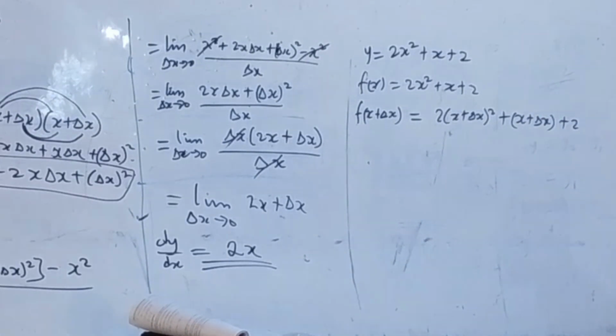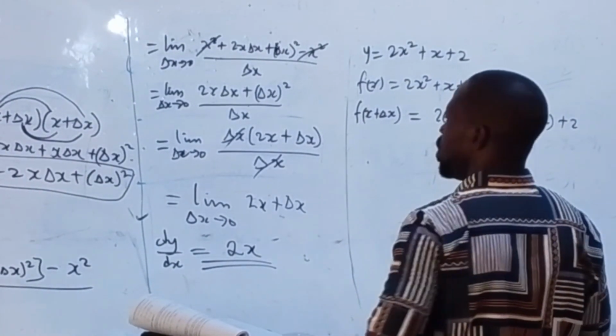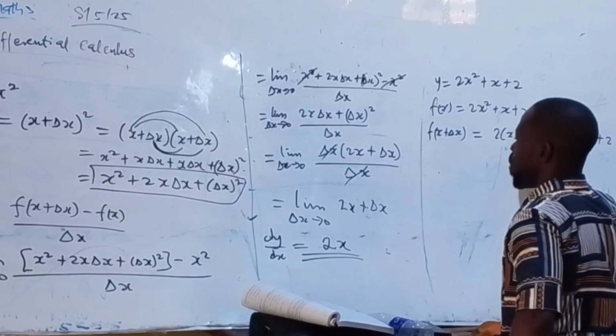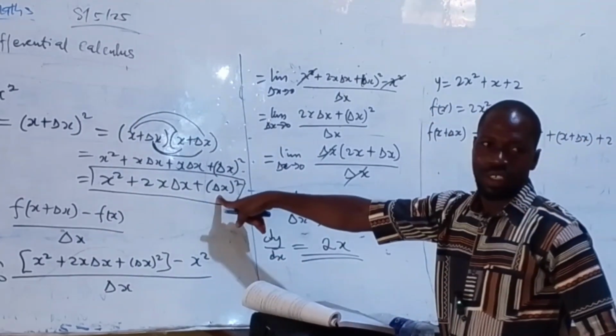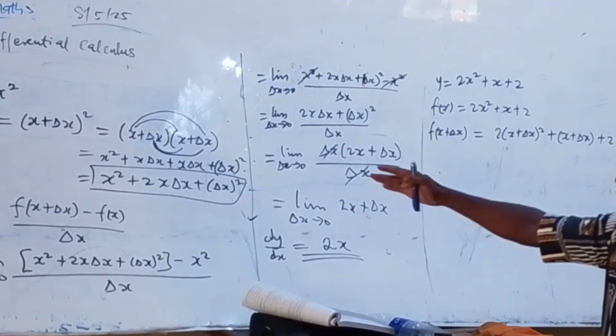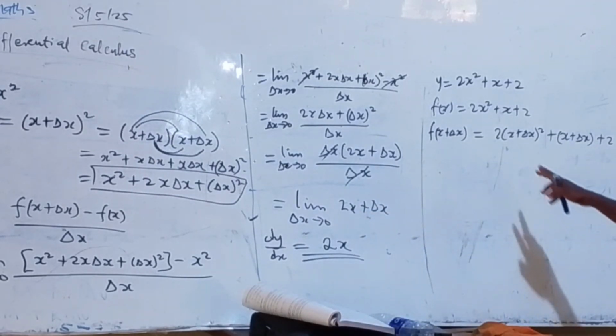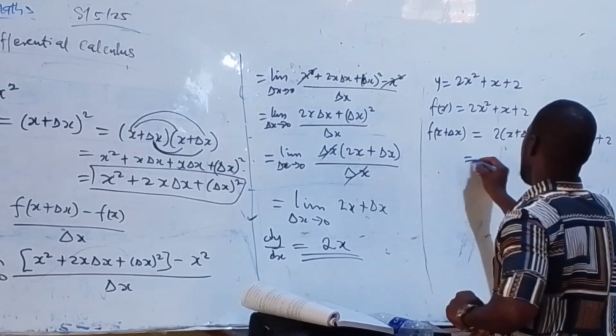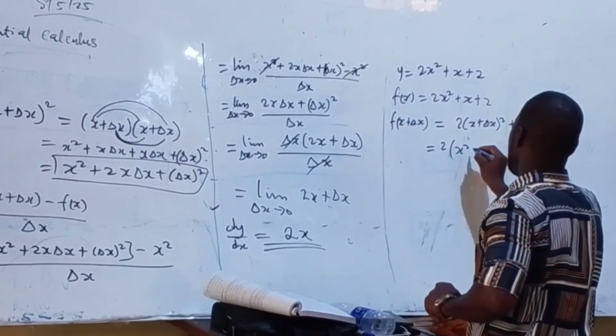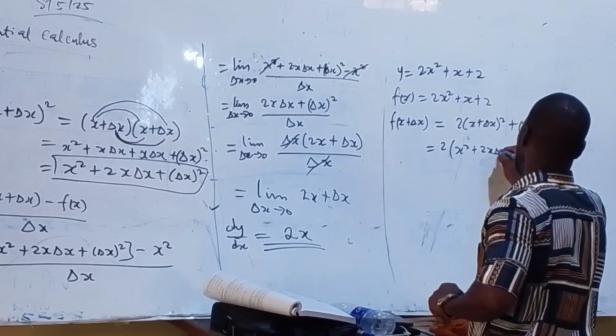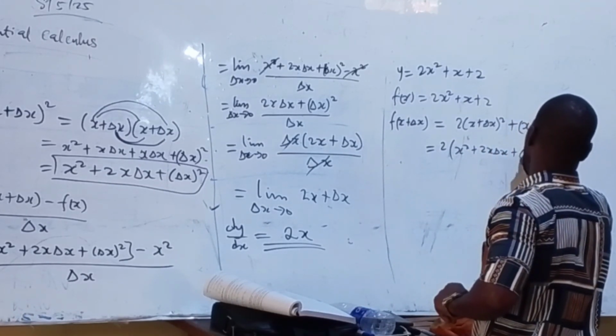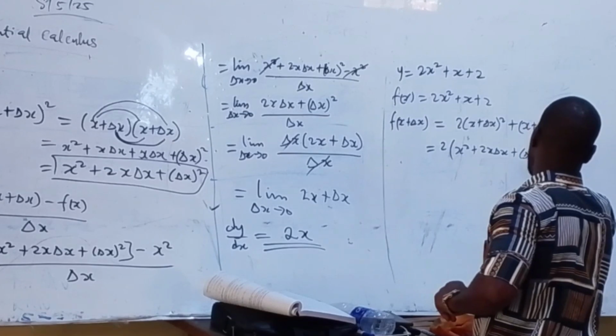Let's expand before we put it into the first principle formula. Note that x plus change in x squared is actually this. I won't do that expansion again. I'll just put 2 into x squared plus 2x change in x plus change in x squared.